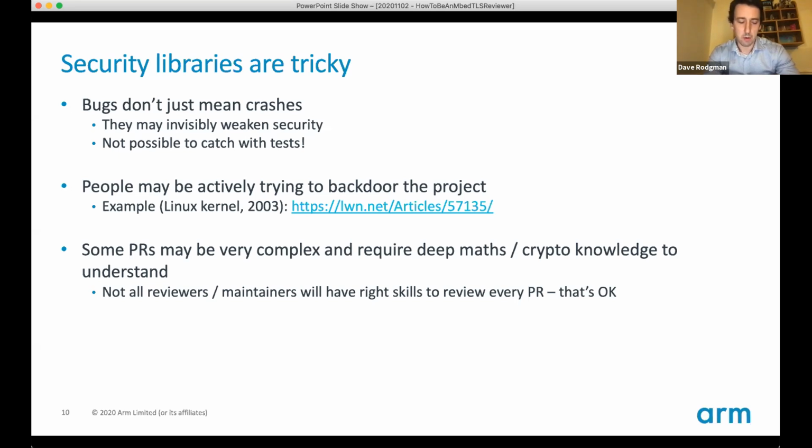So it can be quite challenging to fully understand what's going on. And so, yeah, not all reviewers will be in a position to review every PR if it requires some deep specialist knowledge. There may be a limited number of people who are able to review it, and that's fine.